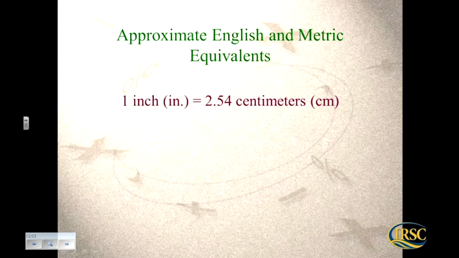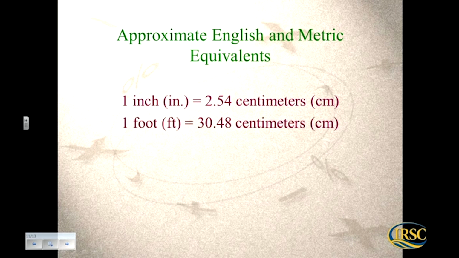Okay, and then it goes into the difference between English and metric units. So 1 inch is equal to 2.54 centimeters, and 1 foot is equal to 30.48 centimeters. Now the next 2 ones in your chart are actually approximations.